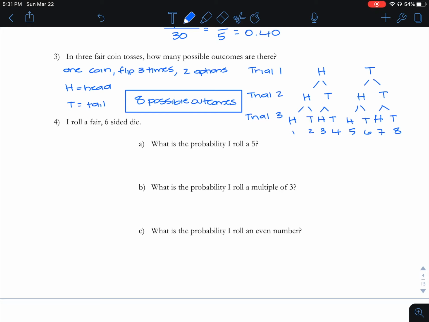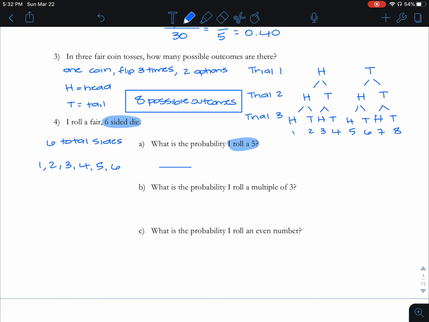Let's go back to this dice problem. I have another regular 6-sided dice. I have a total of 6 sides, so a total of 6 different numbers. Let's write down those numbers: 1, 2, 3, 4, 5, and 6. What's the probability that I roll a 5? I always start with that fraction bar.